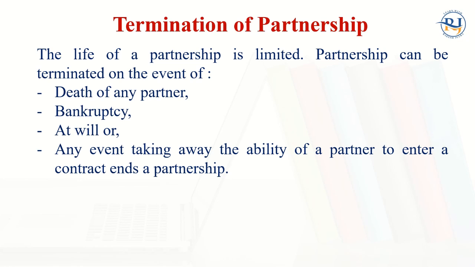Any event taking away the ability of a partner to enter a contract ends the partnership. It means if any partner is unable to be a partner in the firm, in that case there will be the termination of the partnership.